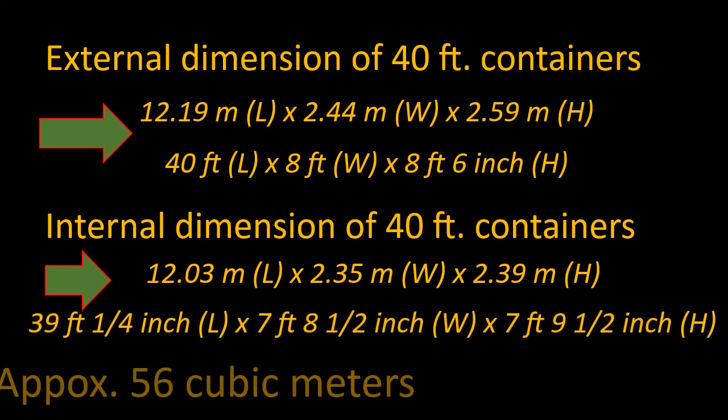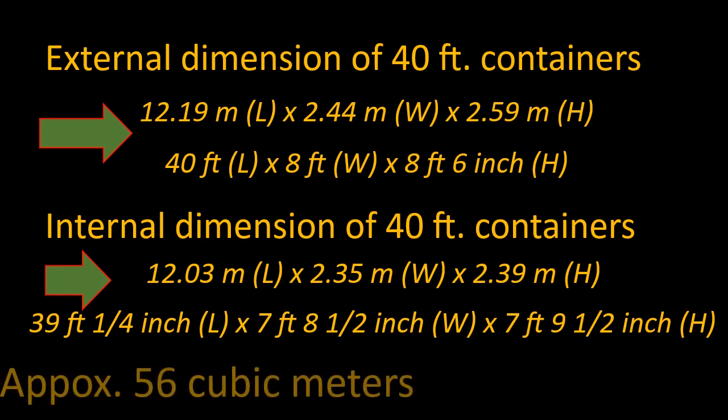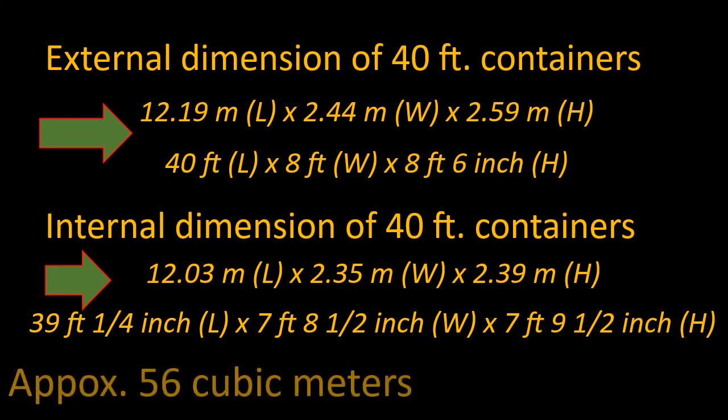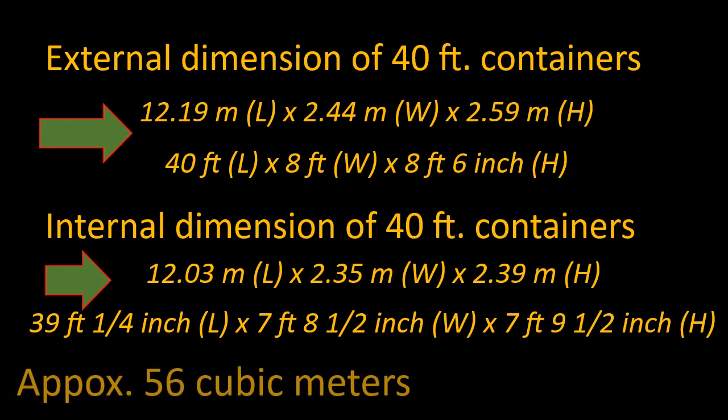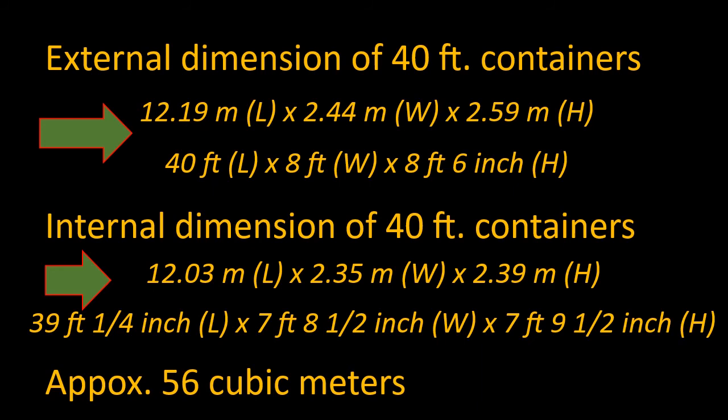So, the difference between the 40-footer and the 20-footer is in terms of their external length measurement. One is 20, another one is 40. Such differences in length measurement between these two containers resulted in different cubic meters for each container.